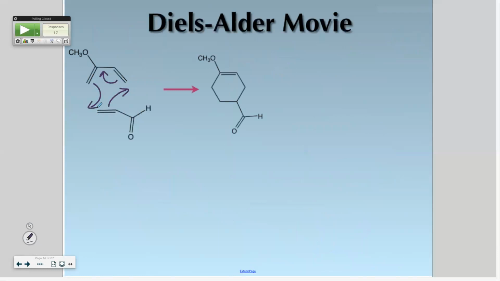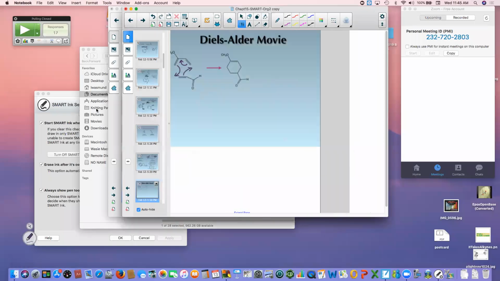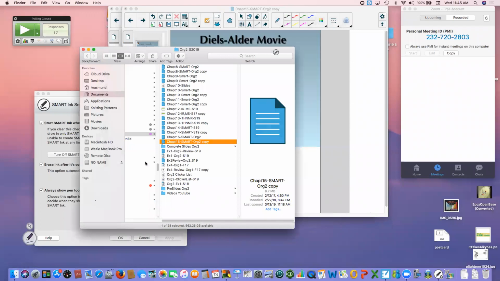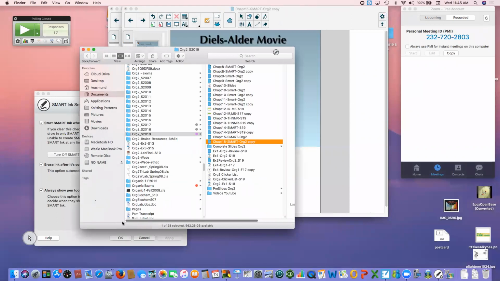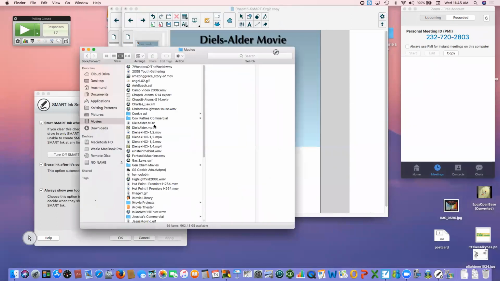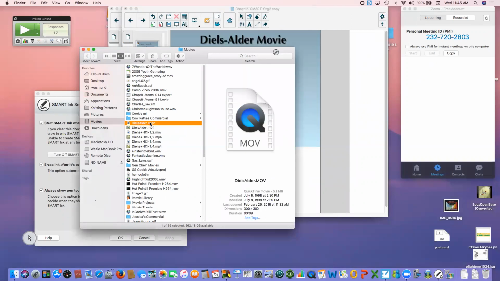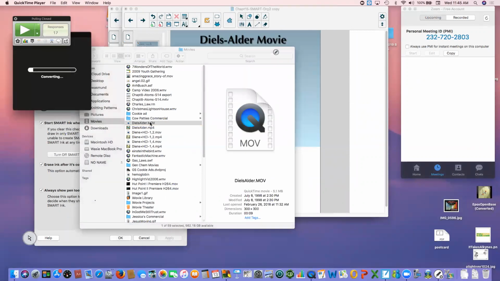Okay, let me see if I can find it. I forgot I needed to find the movie. So are y'all ready for the break? You realize I'm writing lines all over my yellow. Look at that. All right, go away. Movies. Diels-Alder Movie. There it is. I bet that's it. Oh, we have to convert it first, y'all.